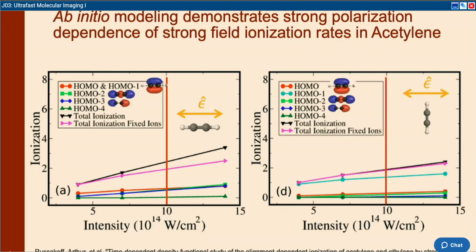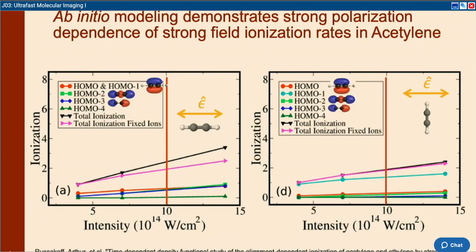Also, there's been a lot of ab initio modeling that demonstrates strong polarization dependence of ionization rates in acetylene. Specifically, this study, Rusafek et al., shows that the polarization has a huge impact on which orbitals will become vacant.